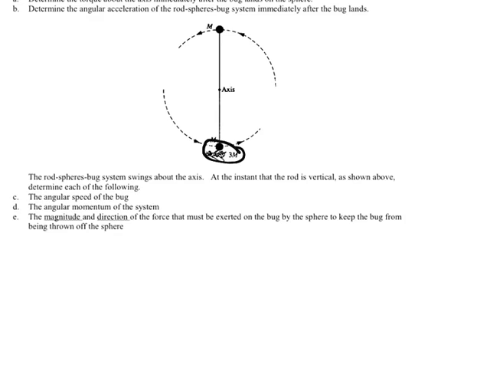And what I want you to do, even if you haven't gotten this far in the problem by yourself, is take a minute and think, what can I use to solve this problem? So can I use sigma tau equals I alpha? Can I use conservation of angular momentum, sigma L naught equals sigma L?